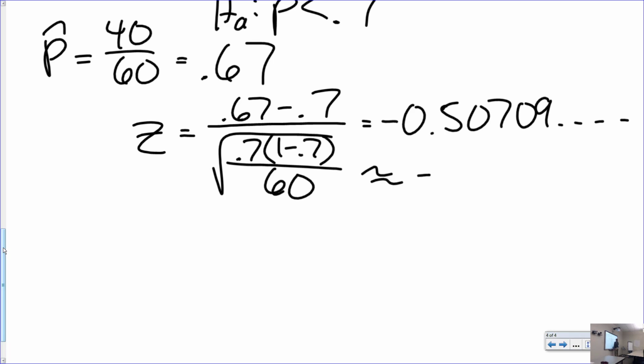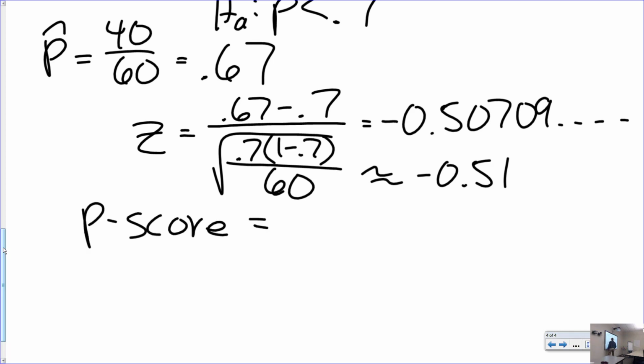This is approximately negative 0.51, because we're going to look this z-score up in the tables to figure out what our p-value is. So look up negative 0.51 in the tables.